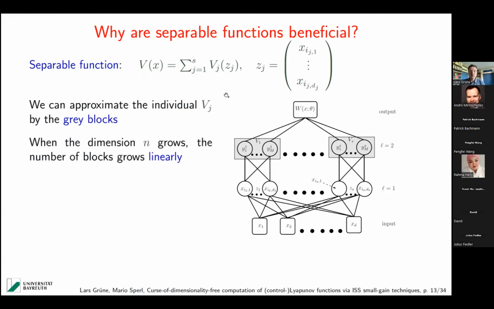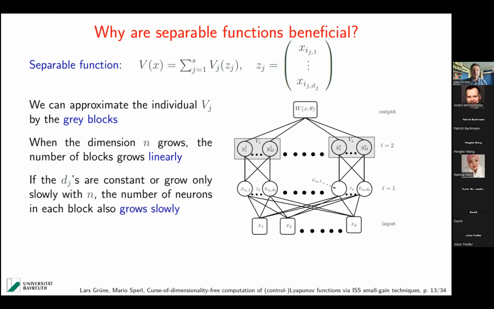When the dimension grows, the number of these gray blocks only grows linearly, and not exponentially. Now if the dj's, which are the input dimensions here, are constant or maybe grow very slowly, this would be okay. And the number of neurons that you need overall also grows, well, linearly plus a little more. If you control this growth, then it's definitely below exponential, typically polynomial, even polynomial with a quite small exponent, something like squared or cubed, but not more.